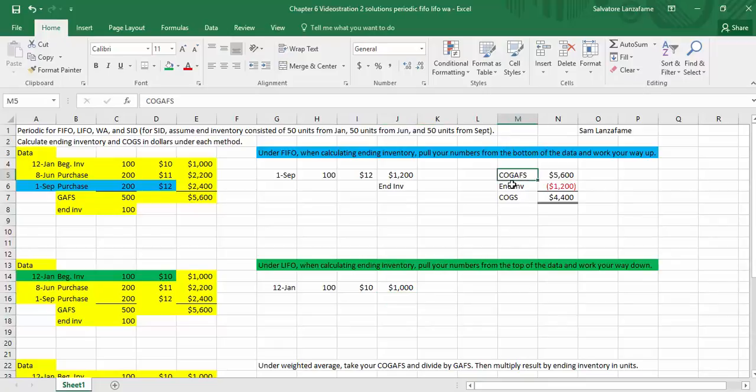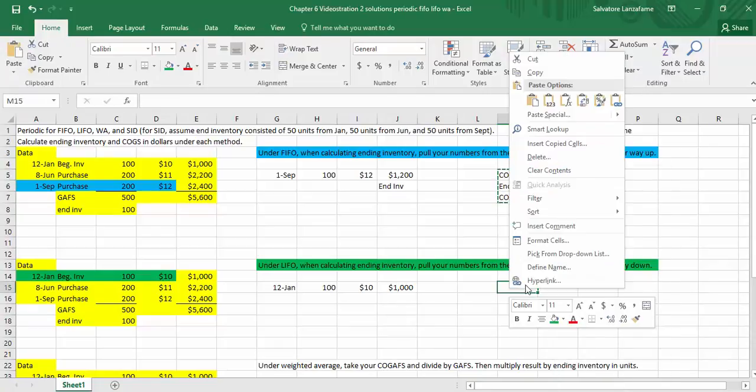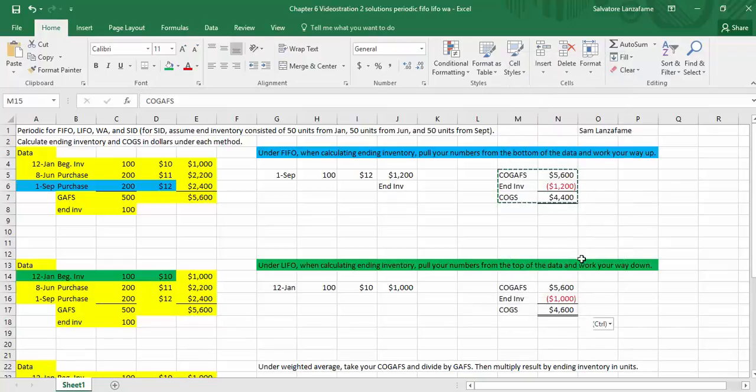So let me just copy some of this information here so that I don't have to repeat it, and then we'll change the numbers around. Okay, in fact, it already did it for me. So cost of goods available for sale, 5,600. I go to subtract out my ending inventory of 1,000, and notice that now my cost of goods sold, as predicted, is larger than what we saw under FIFO.